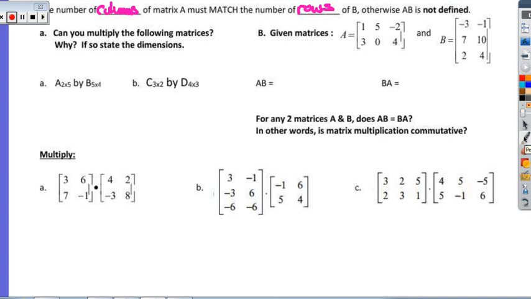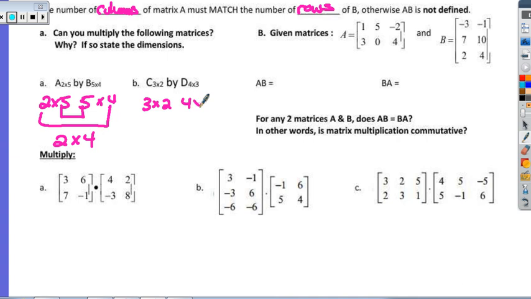I'm looking here, we've got A is a 2 by 5, B is a 5 by 4. The columns in A match the rows in B, and our resulting matrix is going to be what these outside numbers are, so we're going to wind up with a 2 by 4 matrix. Looking at problem B, 3 by 2, 4 by 3, the columns in A do not match the rows in B, so this one would be undefined.